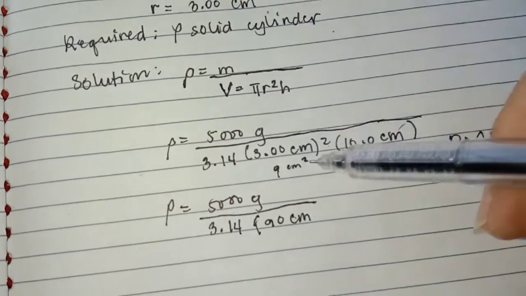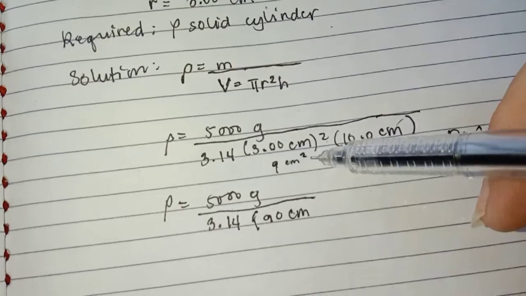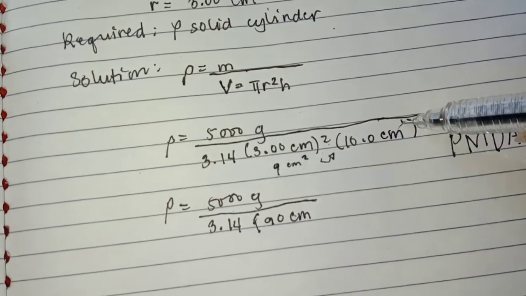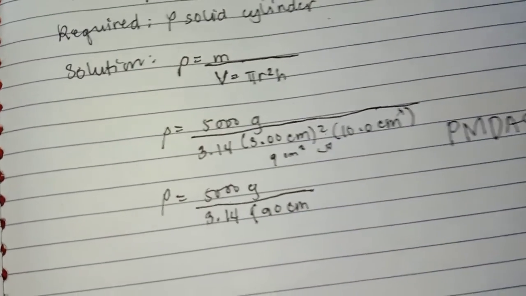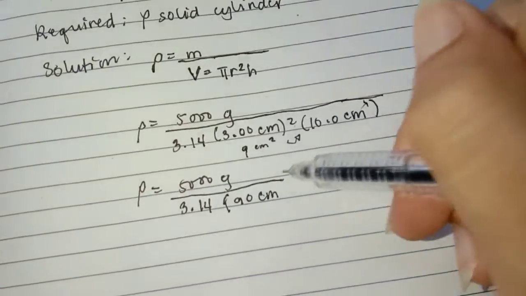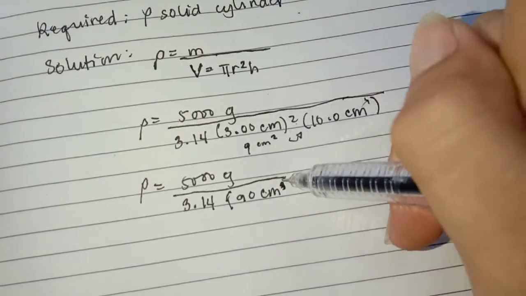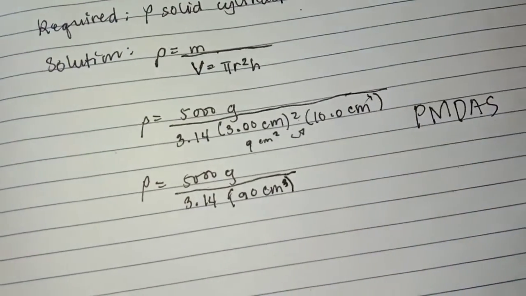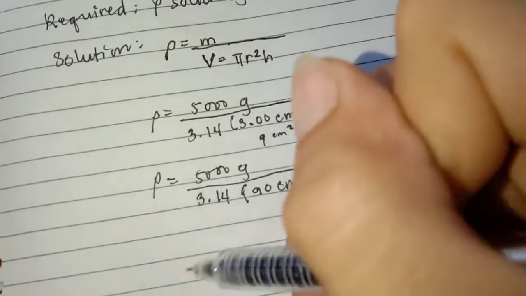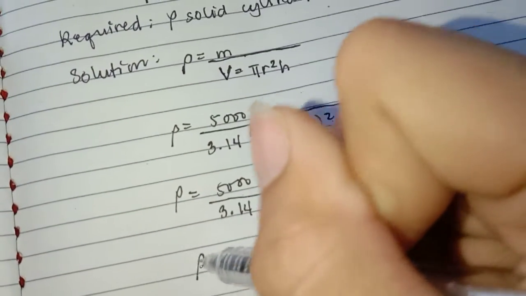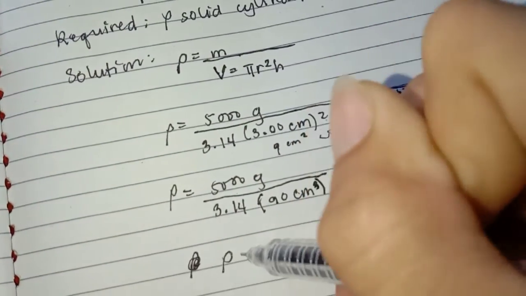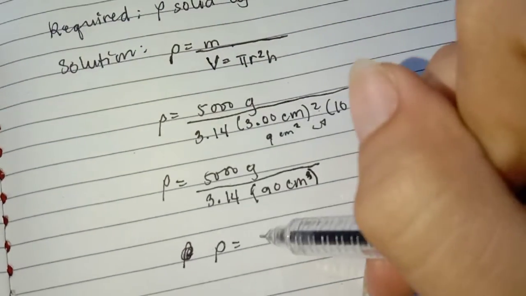Since we already have 2 exponent here and an imaginary 1 exponent above the 10 centimeters, therefore we have 3 as the exponent. So we have 90 cubic centimeters. Now let's simplify in order to finally get the value of our volume.